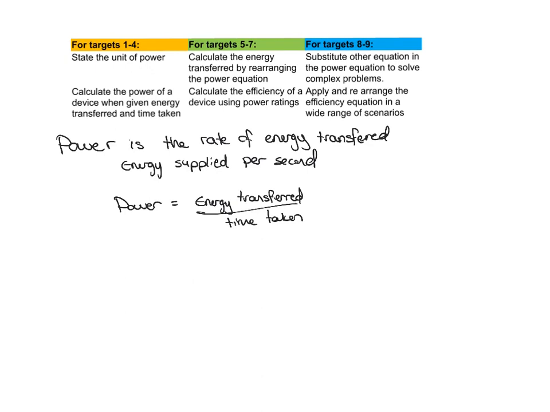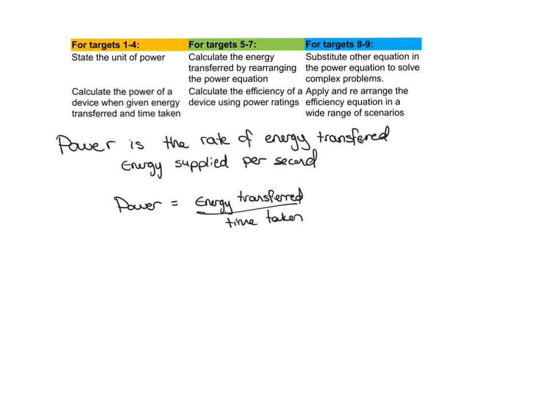Now power is the rate of energy transferred. So in other words, it is energy supplied per second. If I'm talking about something being more powerful, it means it's transferring more energy per second than another machine. It doesn't only work for machines, it also works for things that humans do. So I could say that one of you is more powerful than another based on how much energy you're transferring in a single second.